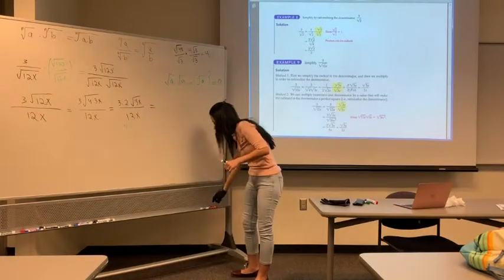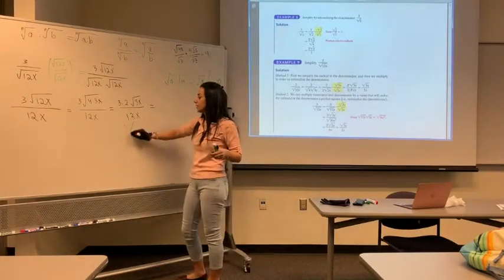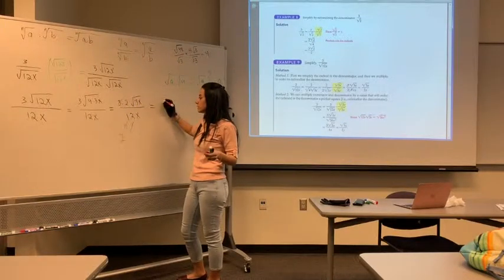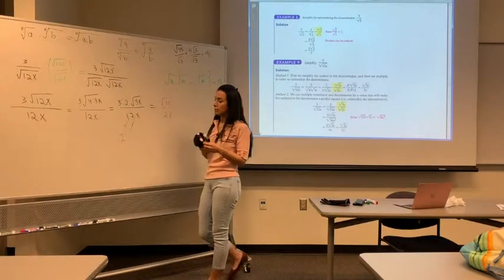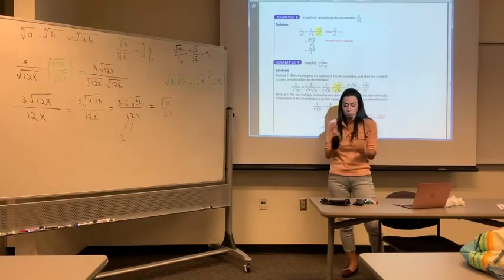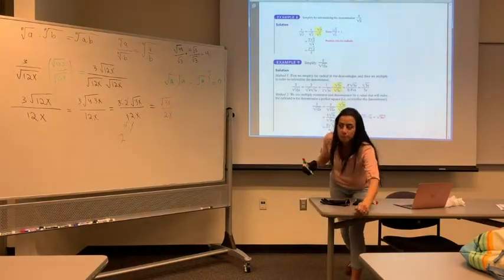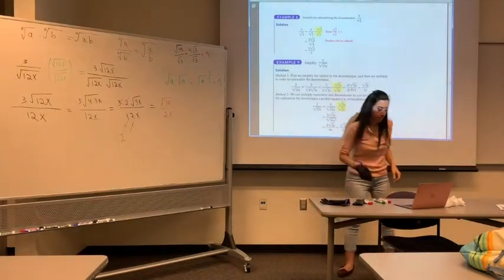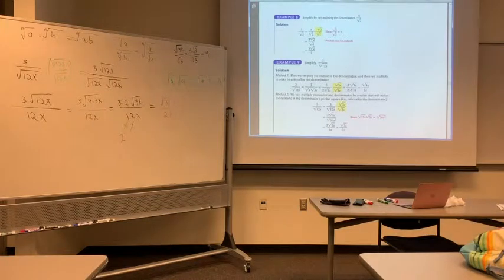This 3 cancels with this one. This 4 cancels with this one. 2 remains. So finally we have radical 3x divided by 2x. 3x is under the radical. So we call this rationalizing the radical.